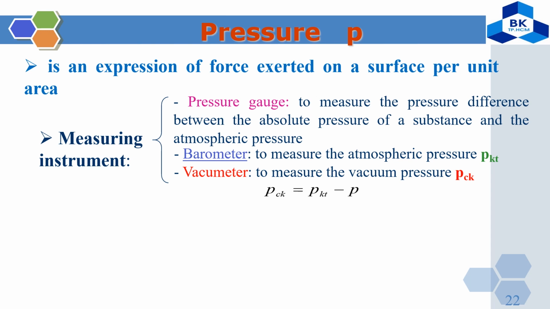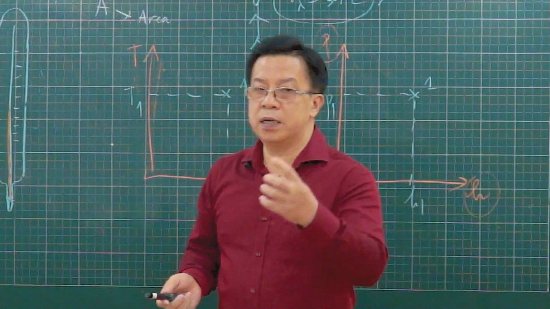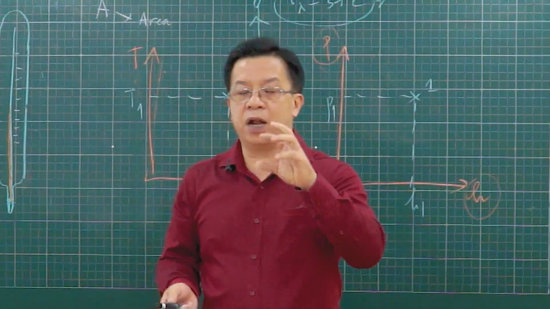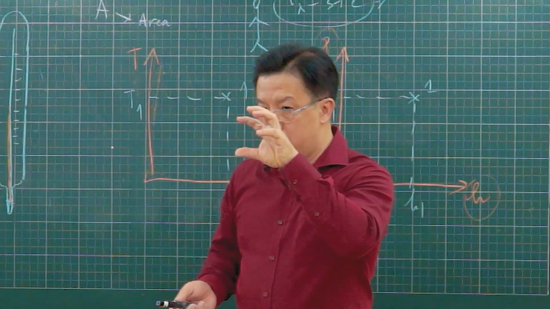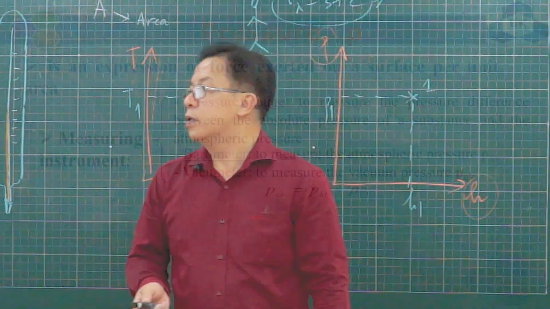To measure the pressure, we use the pressure gauge to measure the difference between the absolute pressure of a substance and the atmospheric pressure. Remember that with a pressure gauge, we can only measure the pressure difference. We cannot measure the absolute pressure of that material itself.